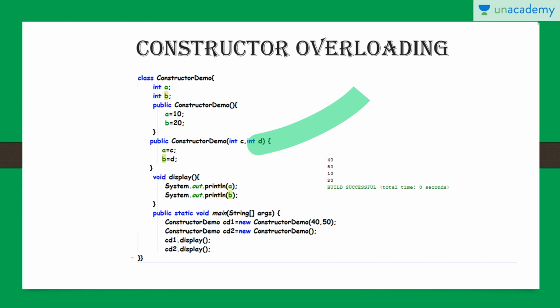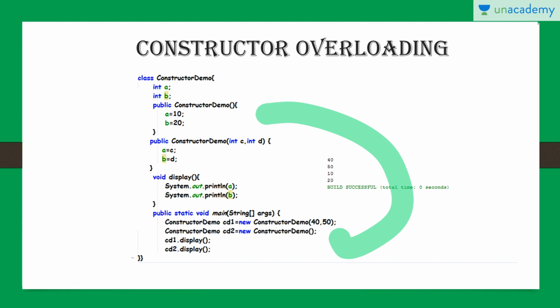Now let us see how we can achieve constructor overloading. Now here I am creating the first object, cd1. If I try to pass 40 and 50, then it will call this parameterized constructor and it will assign 40 and 50 to a and b of this object. And if I try to call this line, which is cd2, then it will create another object, and it will call the non-parameterized constructor and assign 10 and 20 to a and b of this object.